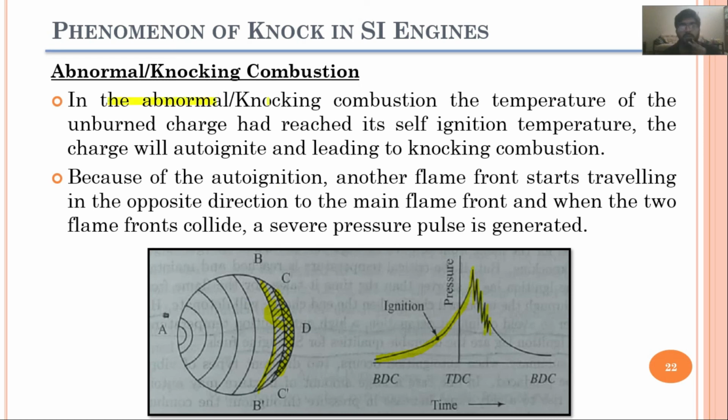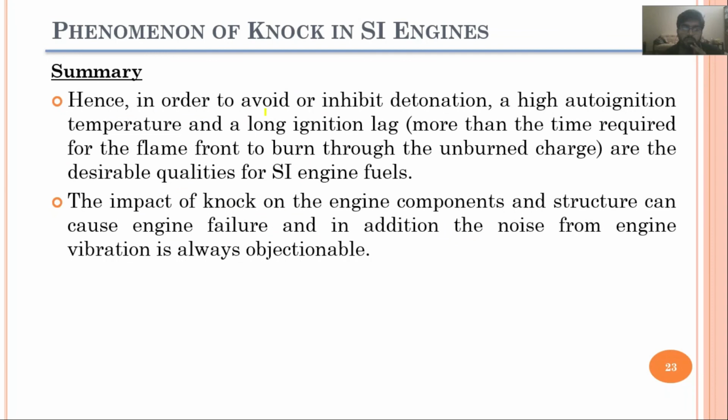So in abnormal or knocking combustion, the temperature of the unburned charge has reached its self-ignition temperature, and this charge will auto-ignite, which will lead to knocking combustion. Because of the auto-ignition, another flame front starts traveling in the opposite direction to the main flame front, and when the two flame fronts collide, severe pressure pulses are generated.